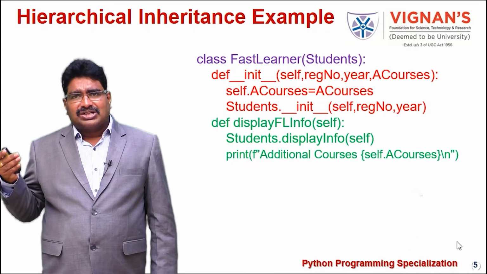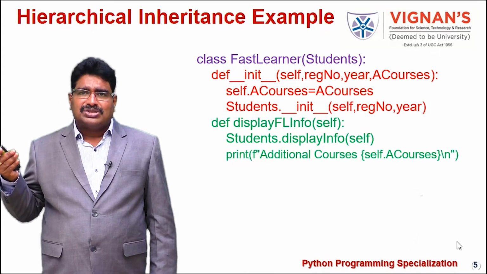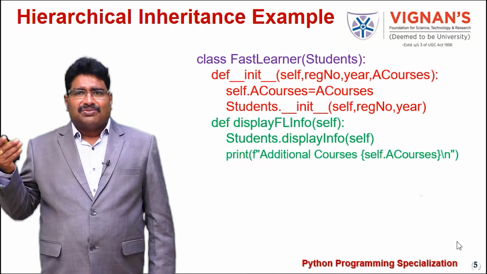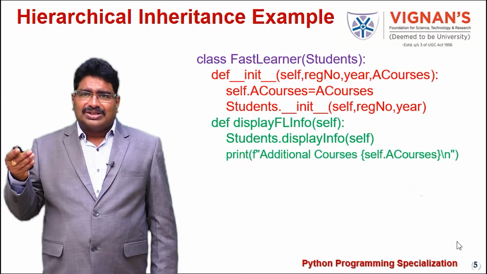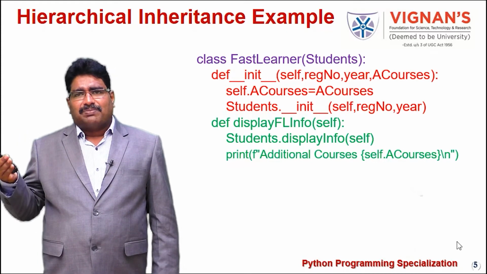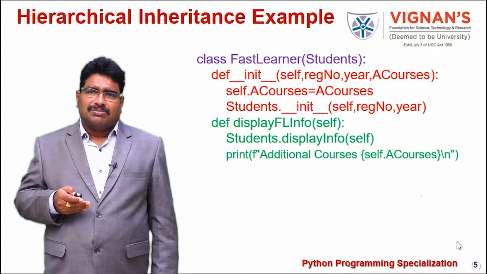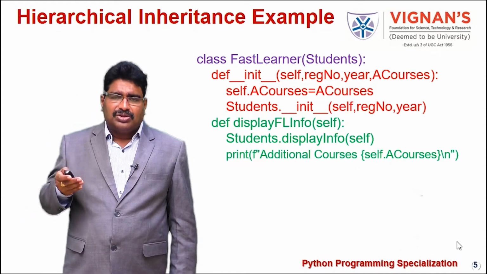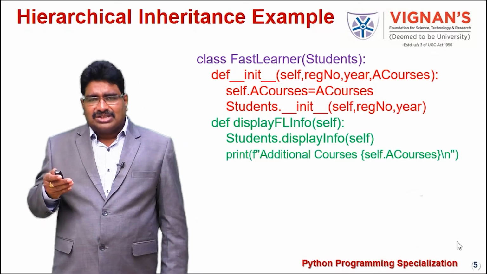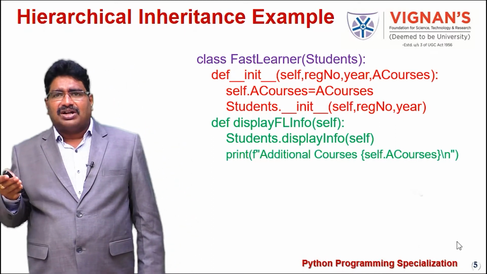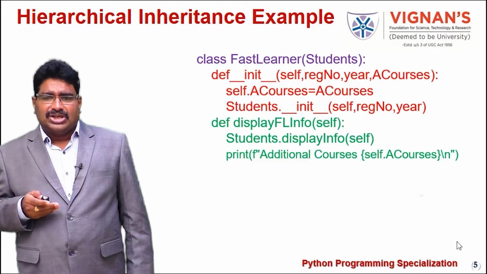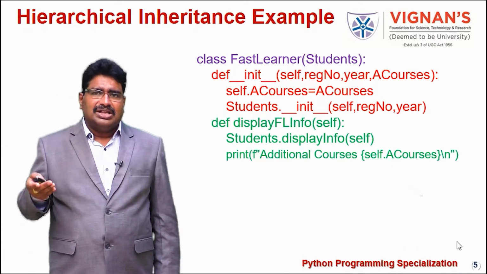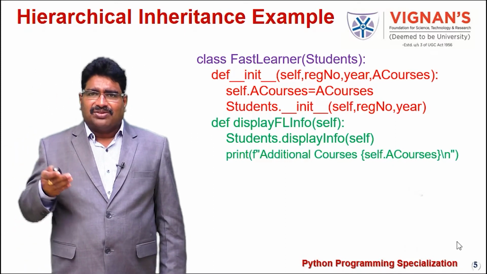In the constructor definition, we use register number, year, comma, a courses. We already know that register number and year are attributes derived from the student. So we call the student class constructor and pass the parameters register number and year, and the additional courses is the newly added attribute for the fast learner class. For that reason, we assign self.a courses equal to a courses. Now we define a method display fast learner information.